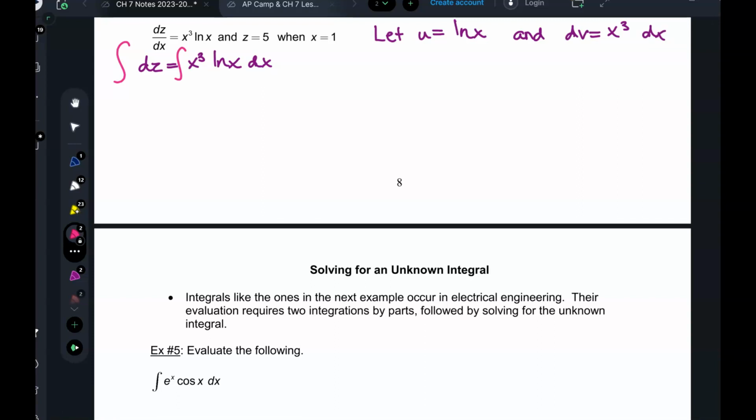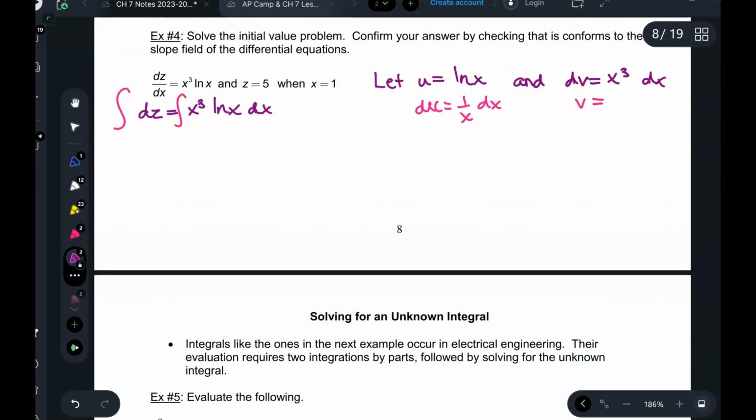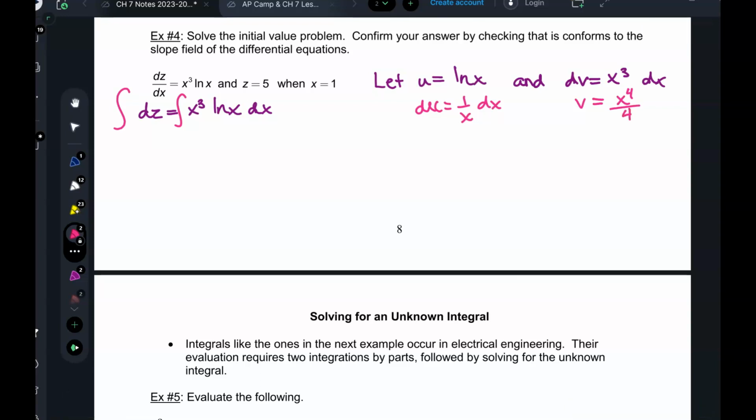All right, so go ahead. What is du and what's v? du is 1 over x dx and v is x to the 4th over 4. Okay, what's that become?